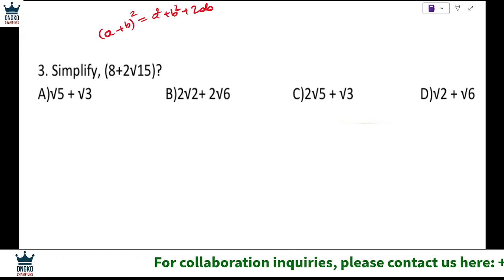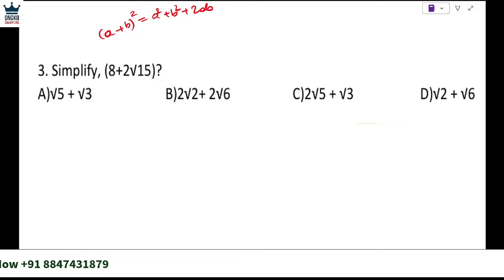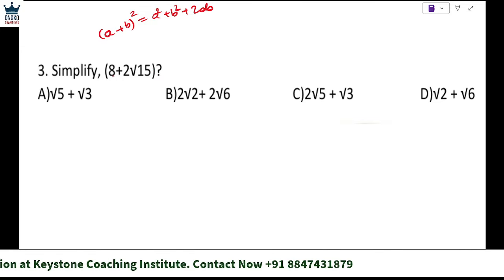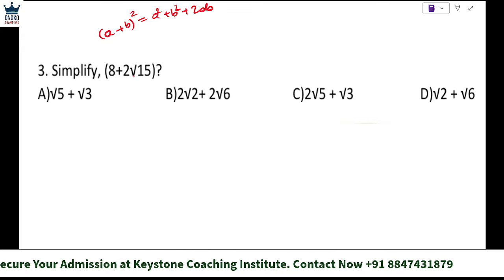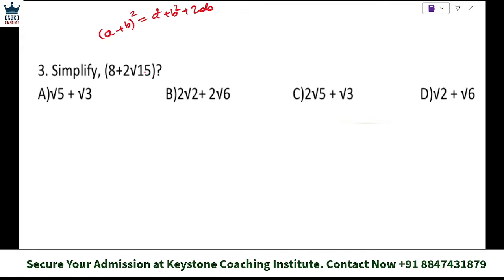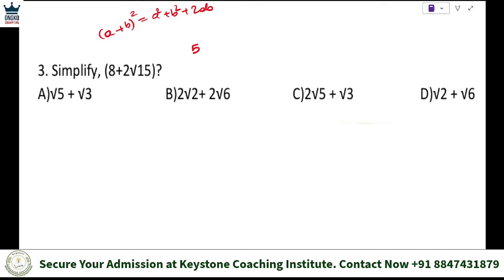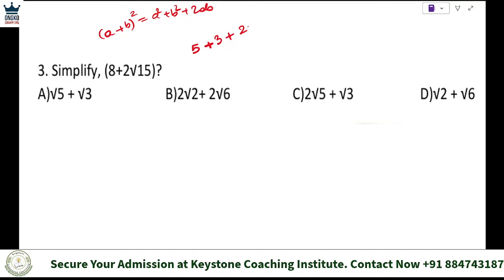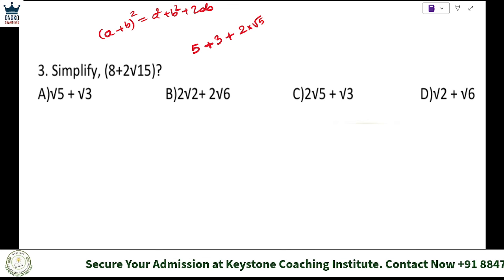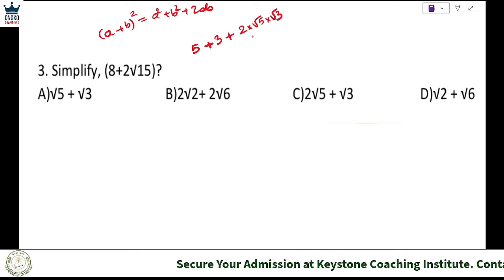So let's try to bring that one. The 8 as a, and the root of what? 5 into 3 will give us 15. So can we do this way? 5 plus 3 is 8, plus 2 into root 5 into root 3, which gives root 15.